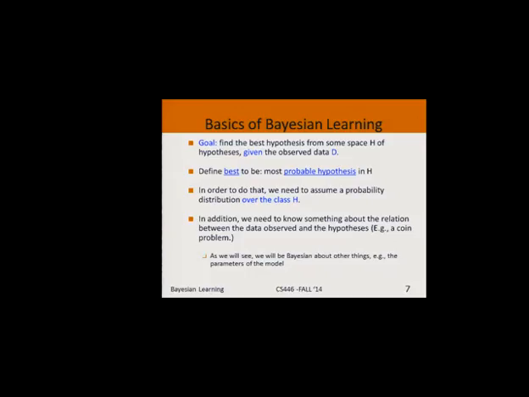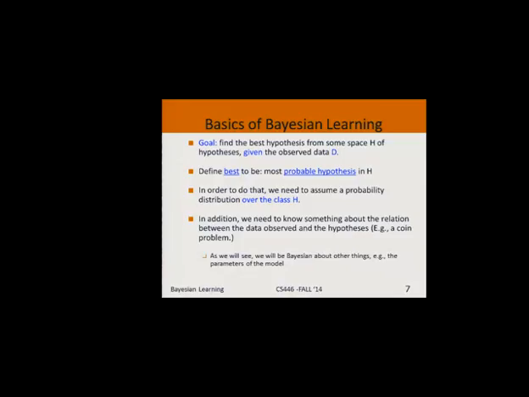So let's say the options are: I have a biased coin that with probability 0.9 gives heads, or I have a fair coin, 0.5, 0.5. If you want to observe a sequence and then make a prediction, you have to know how to relate the observations to these probabilities. And we're going to see what I mean in a concrete way.